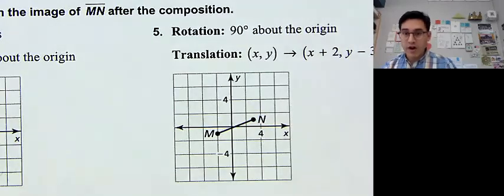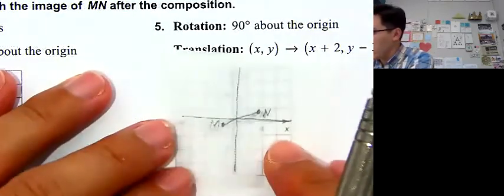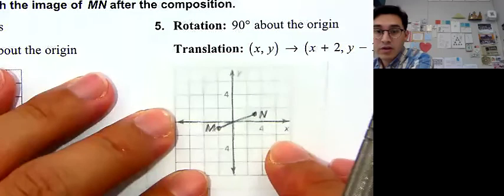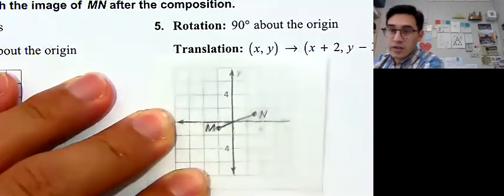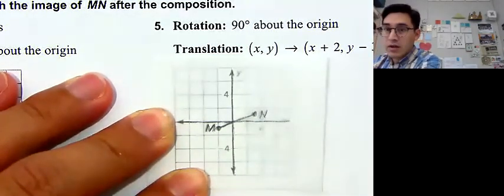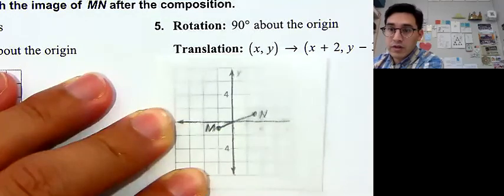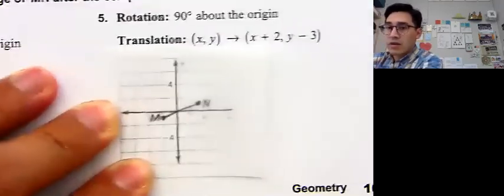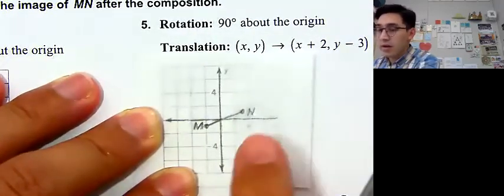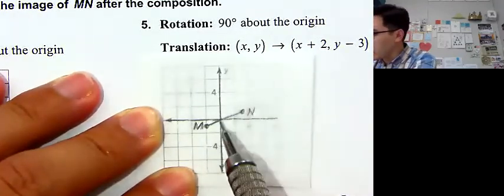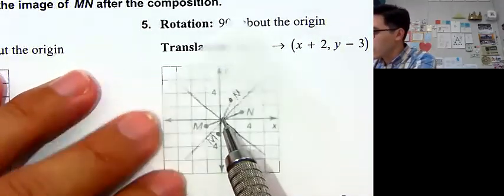Number 5, we're going to do a rotation followed by a translation. Let me move this so I can see. Let's rotate it 90 degrees. Remember, that's always counterclockwise.